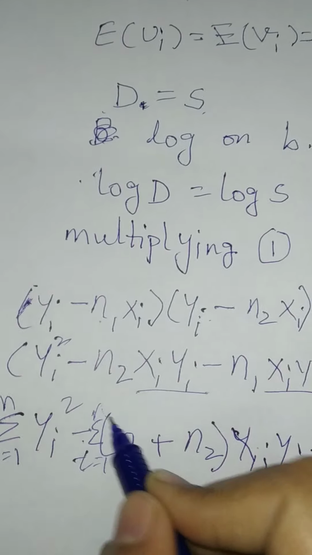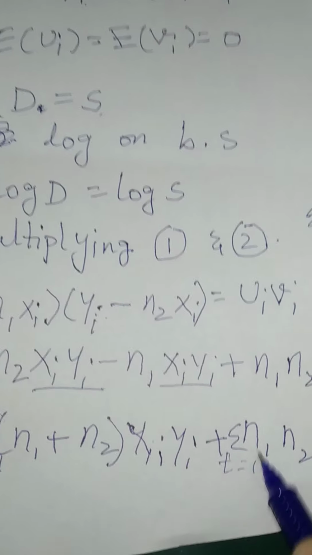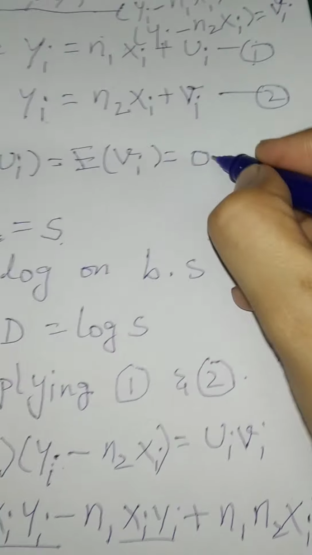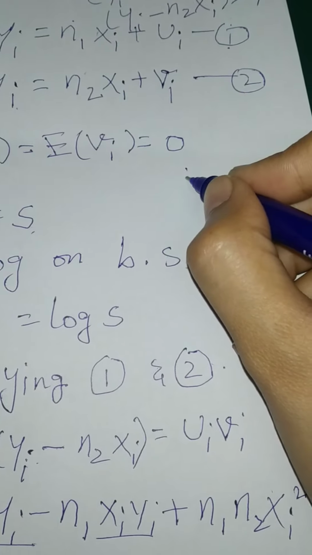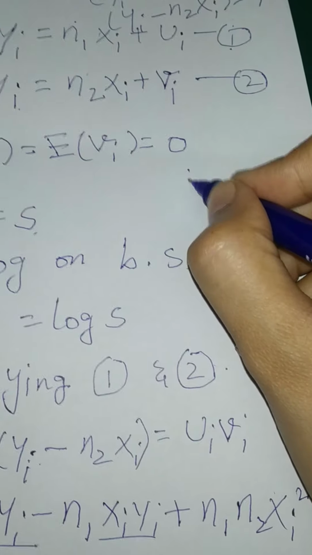Now we are only left with this, and this summation is t is equal to 1 to n, as I started here. So I am writing t is equal to 1 to n for all. Remember students, t is equal to 1 to n means 1, 2, and so on till n.